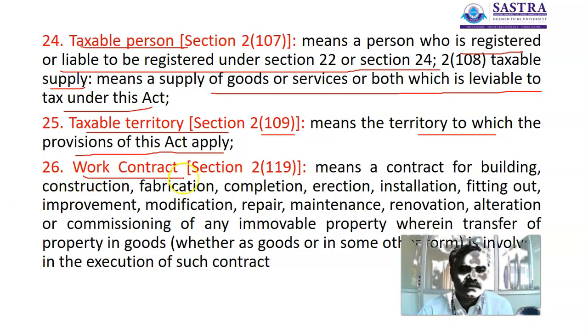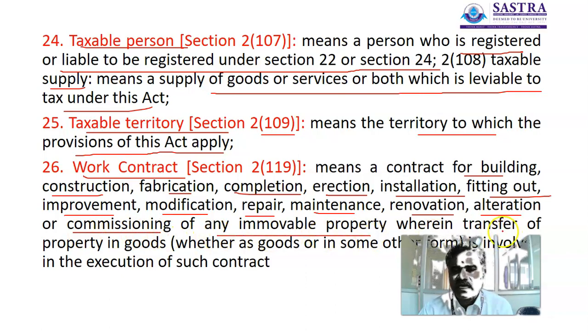Works contract, section 2(119), means a contract for building, construction, fabrication, completion, erection, installation, fitting out, improvement, modification, repair, maintenance, renovation, alteration or commissioning of any immovable property wherein transfer of property in goods, whether as goods or in some other form, is involved in the execution of such contract.